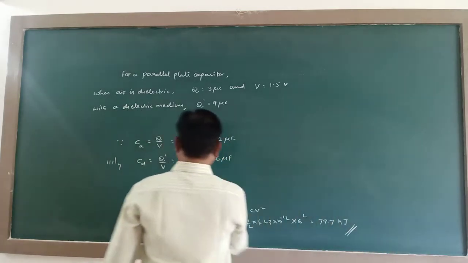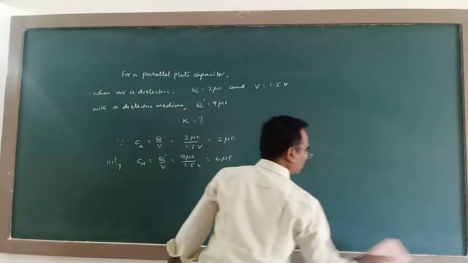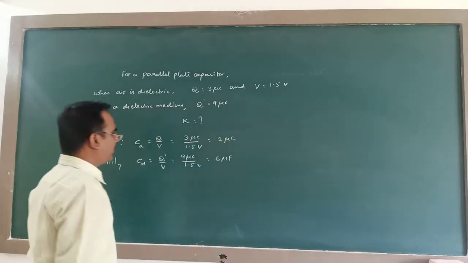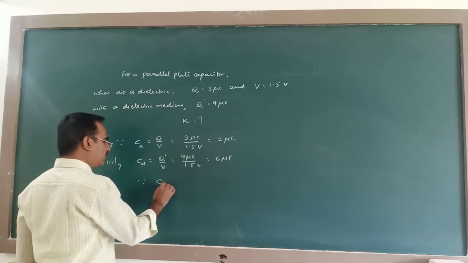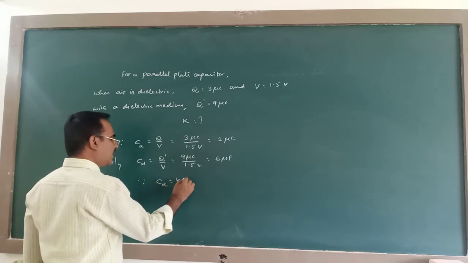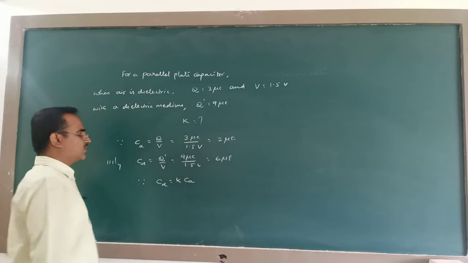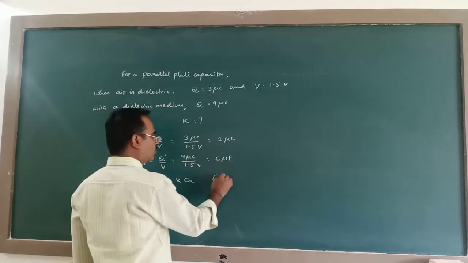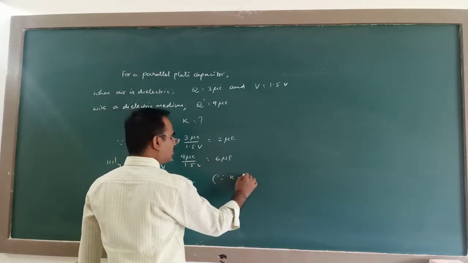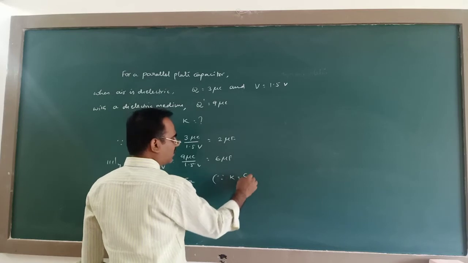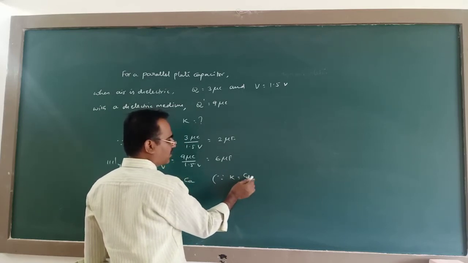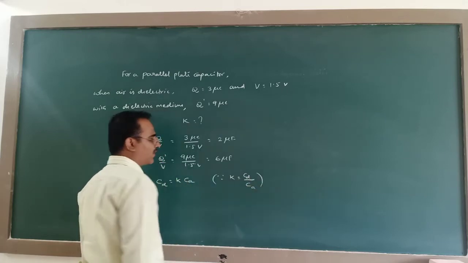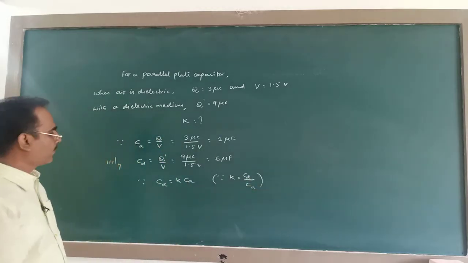By definition, you know that capacitance of the capacitor with the dielectric is K times the capacitance of the air capacitor. Because dielectric constant is the ratio of capacitance of the capacitor with dielectric to capacitance of the same capacitor with air as a dielectric.